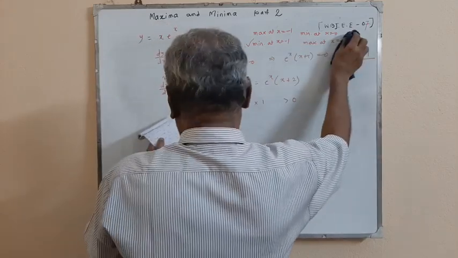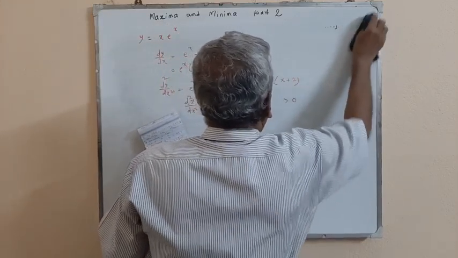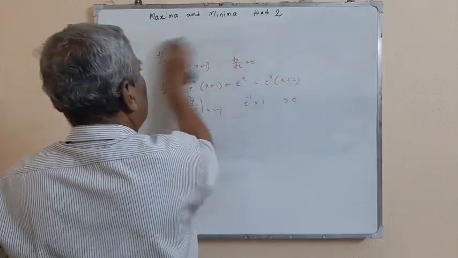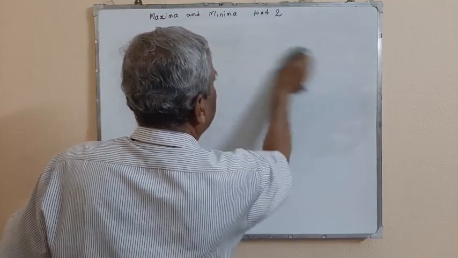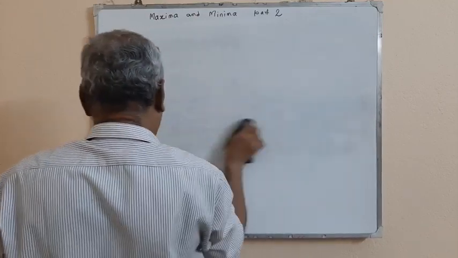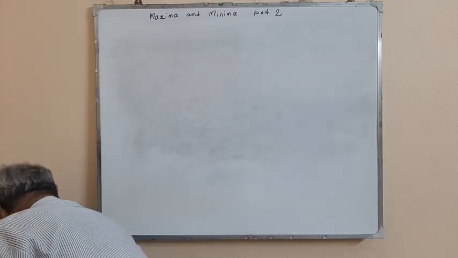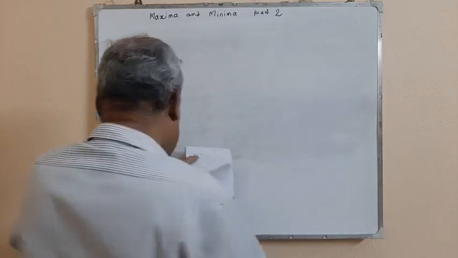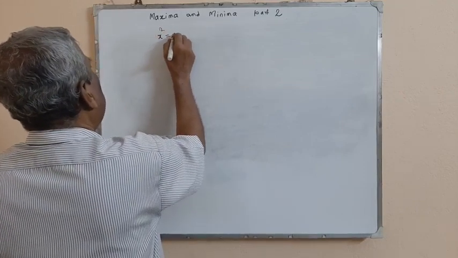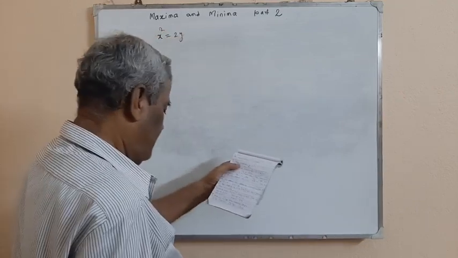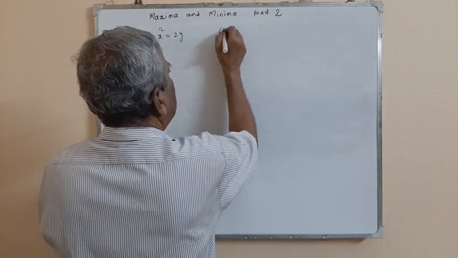Next, which one of the points on x square is equal to 2y is nearest from 0, 3?